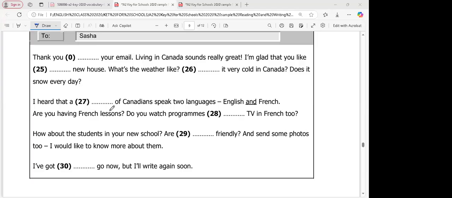Because most of Canadians doesn't match. If so, it should be most of the. But another word is coming, which goes with of. We don't say most here, understood? So that's why the word most is wrong.